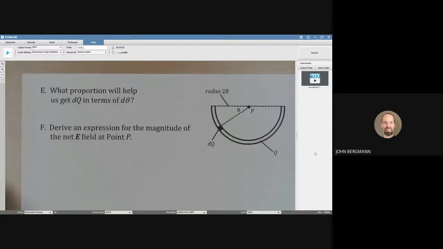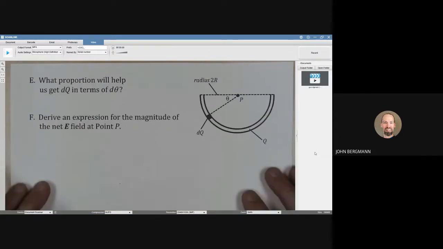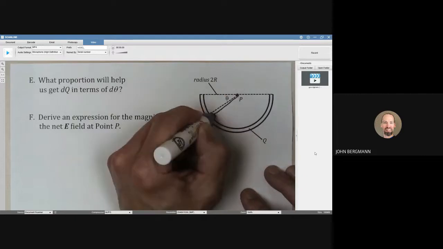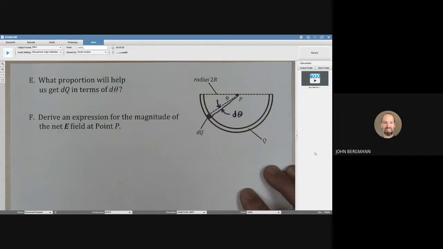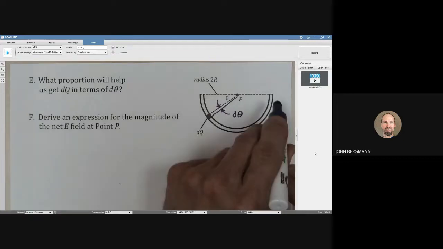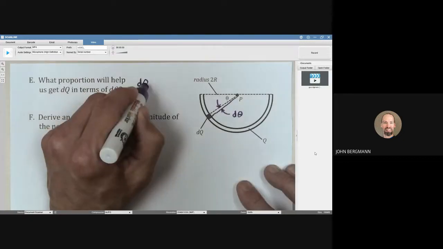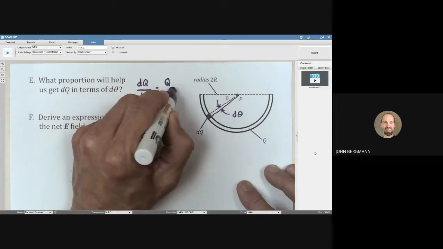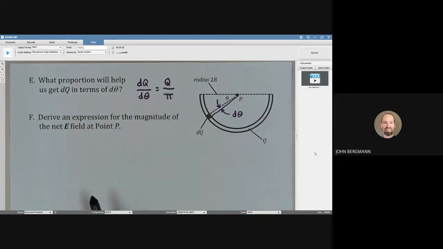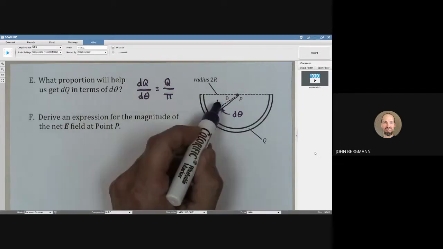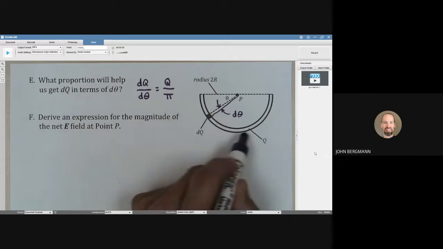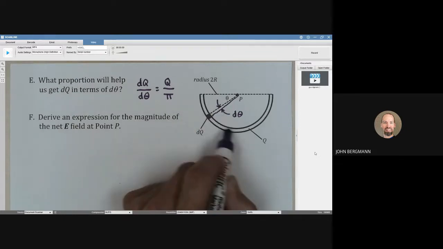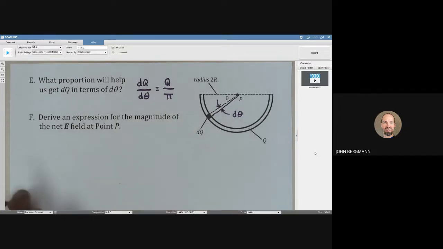What proportion will help us get dq in terms of d theta? One more time, d theta is right there. And what's the ratio? Since this is a uniform rod, dq is to d theta as q is to pi. That little amount of charge compared to this little angle is the same as this total amount of charge compared to this angle, which is, as we know, pi.